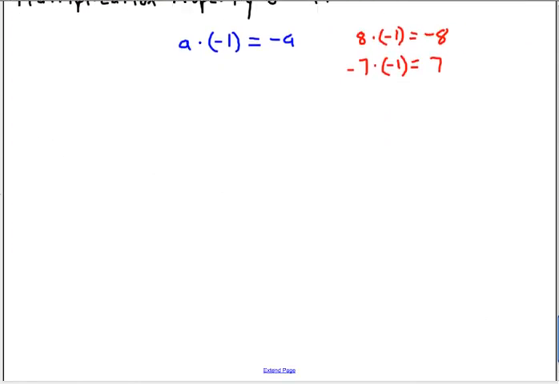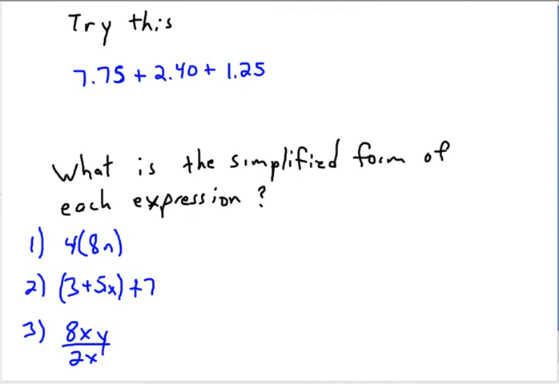Okay, so on this next slide, we want to try using the properties of addition to add up these three numbers. So pretend you were going out to the movies and you bought a movie ticket for $7.75, and then you bought some licorice for $2.40, and maybe some popcorn for $1.25.